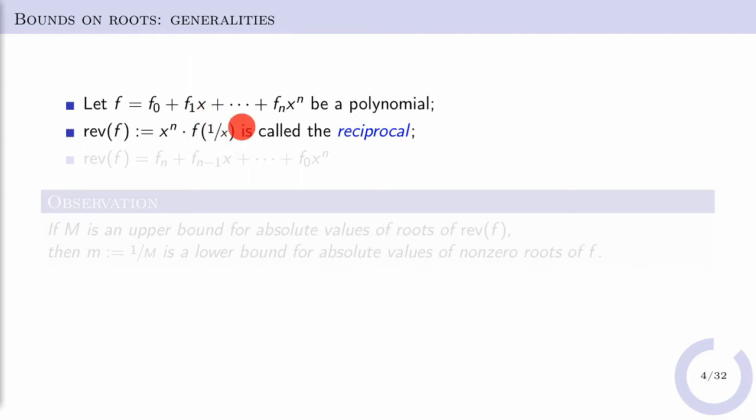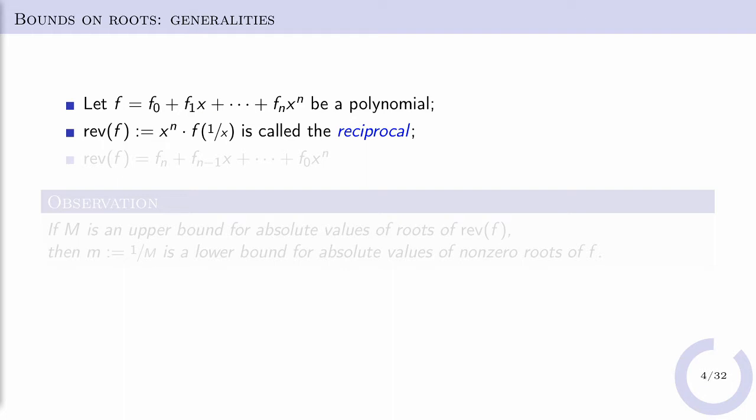Of course, if we evaluate f on 1 over x, in general, we will not receive a polynomial. This will be a rational function. So we make it into a polynomial by clearing the denominators.